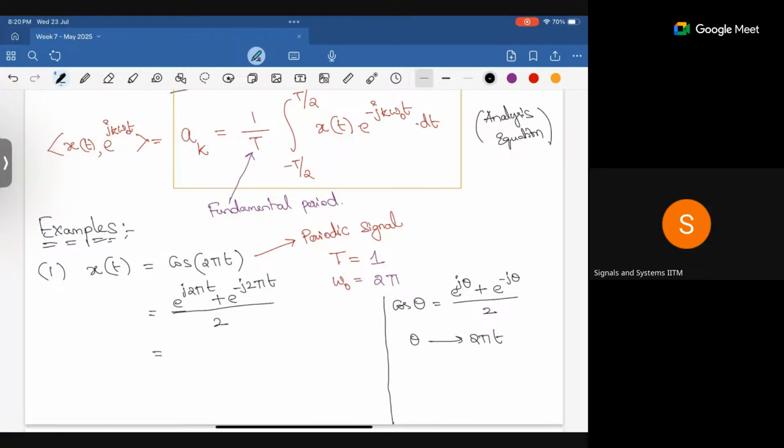I can simplify this as half into e power j 2 pi t plus half into e power minus j 2 pi t.